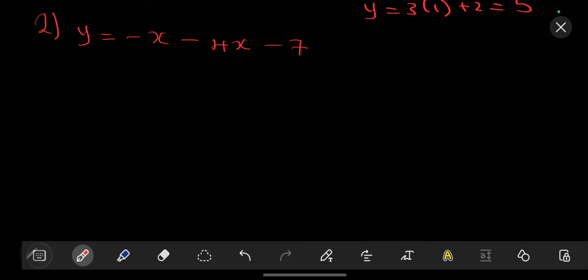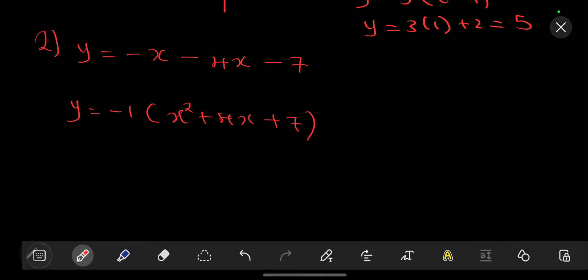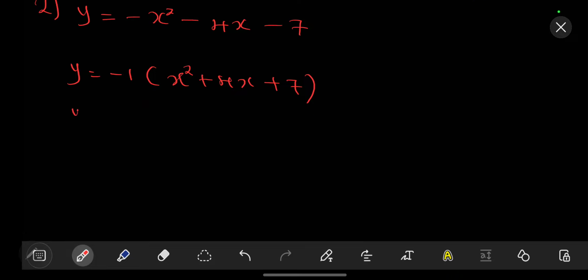Looking at the second example, we have y equal to negative x squared minus 4x minus 7. So how do we graph this one? Same approach. So we have negative 1 outside, open brackets, x squared plus 4x, then plus 7. Then we are going to convert it. So y is equal to negative 1.